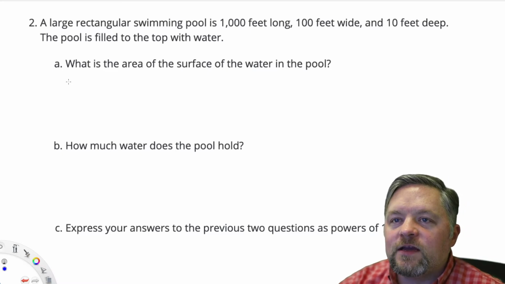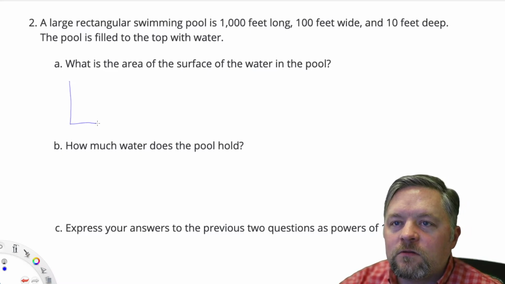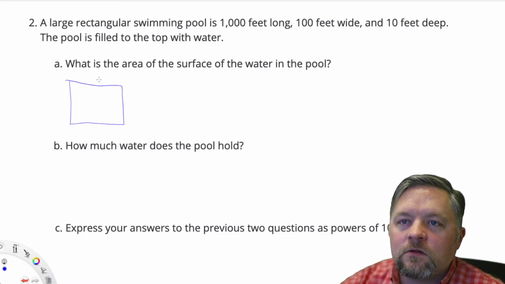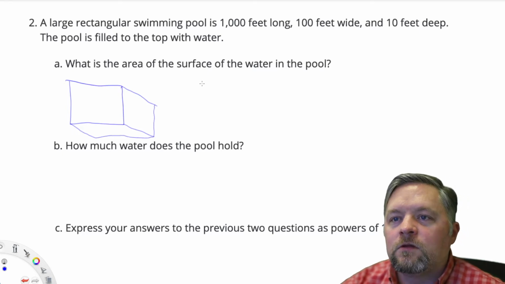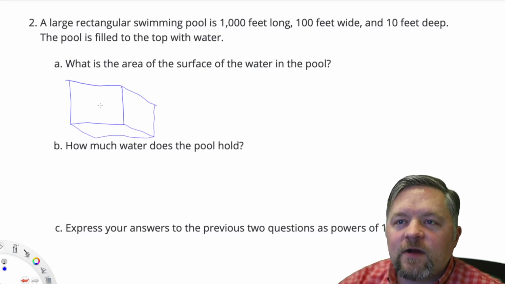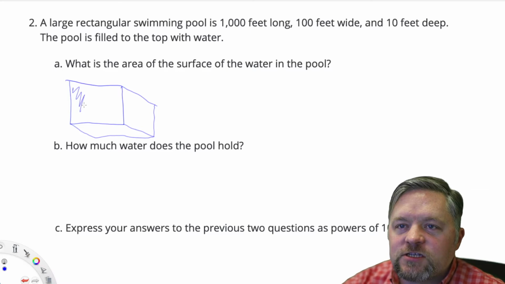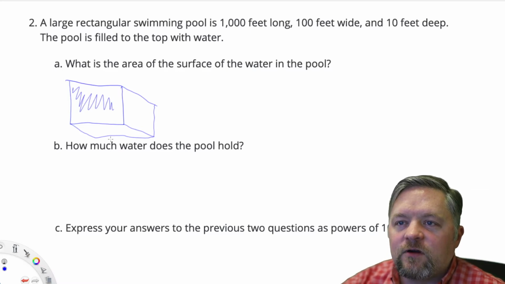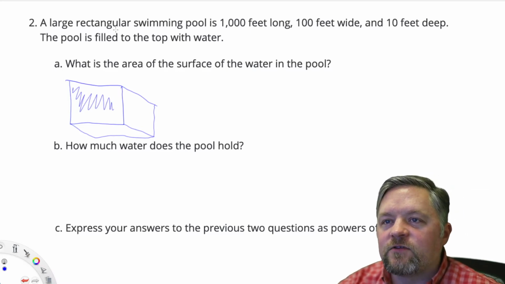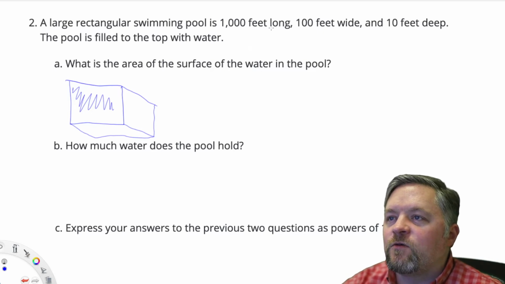So if we think about a pool, it looks like a rectangle, but if we're looking down from the top, the surface area is just this one side. We don't have to worry about the other sides. They're covered by the pool. We just want the surface area of the water in the pool.